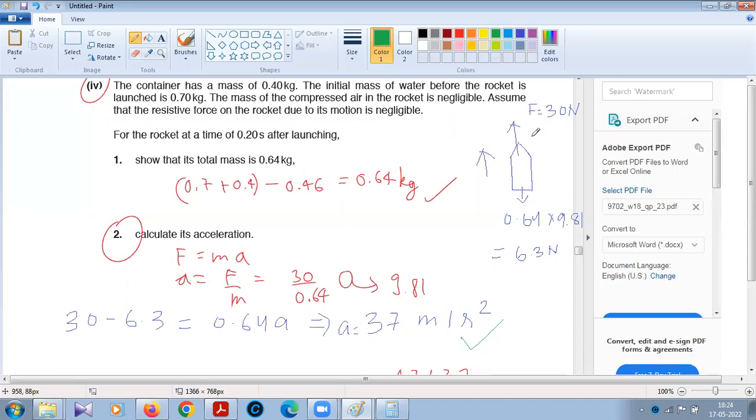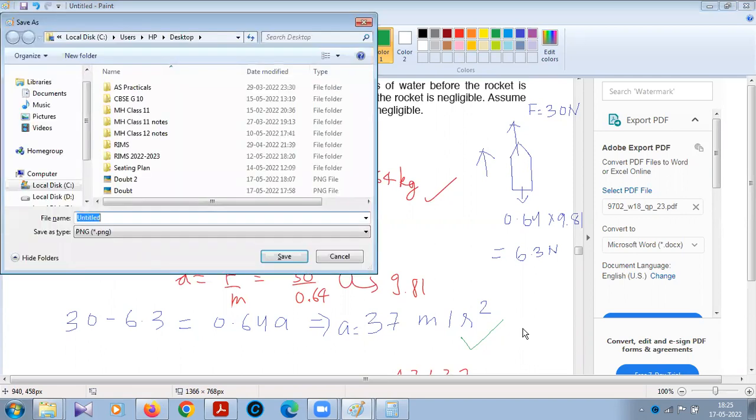So net force will be 30 minus 6.3, and that is equal to the mass into the acceleration from the second law. Mass of the rocket now is 0.64 kg multiplied by a. So a will be 30 minus 6.3 divided by 0.64, and you will get 37 meters per second square. Like this, we solve the question.